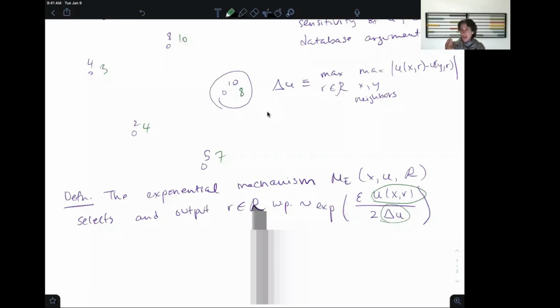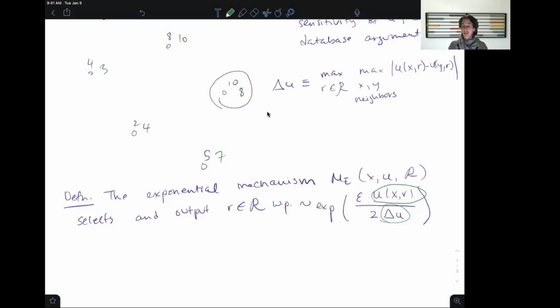So intuitively, why is this doing what we want it to? Well, it is doing this biasing towards the good outcomes. Is this going to give us a good result? Well, that depends. Depending on how we're doing on time, I may or may not prove with you the formal accuracy guarantees you can get here, but let's already think ahead to what those could look like. The quality that you're going to be able to guarantee is going to depend a little on the structure of your problem space.